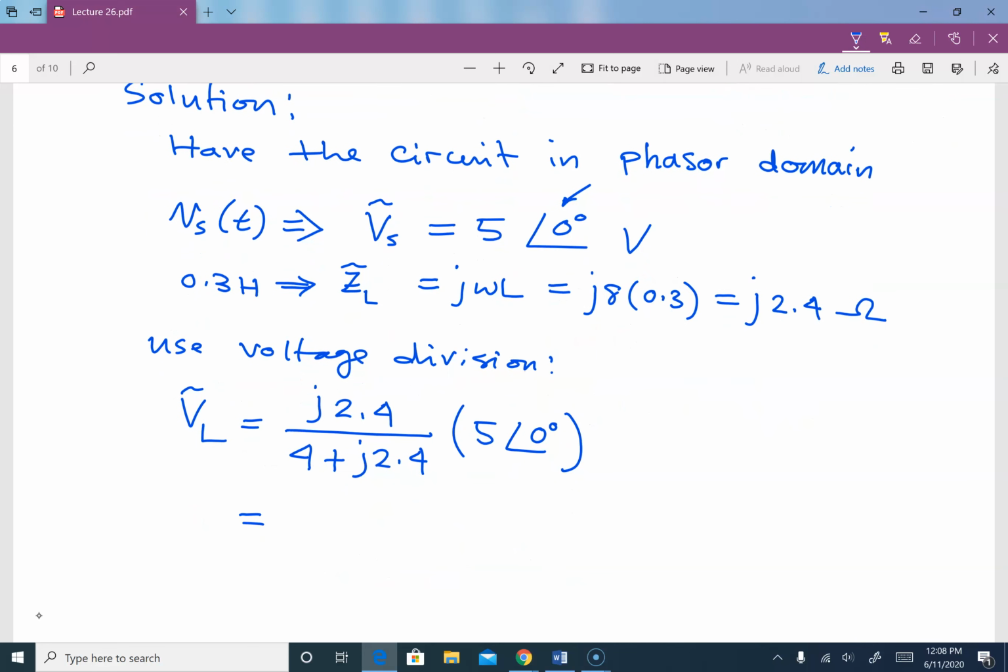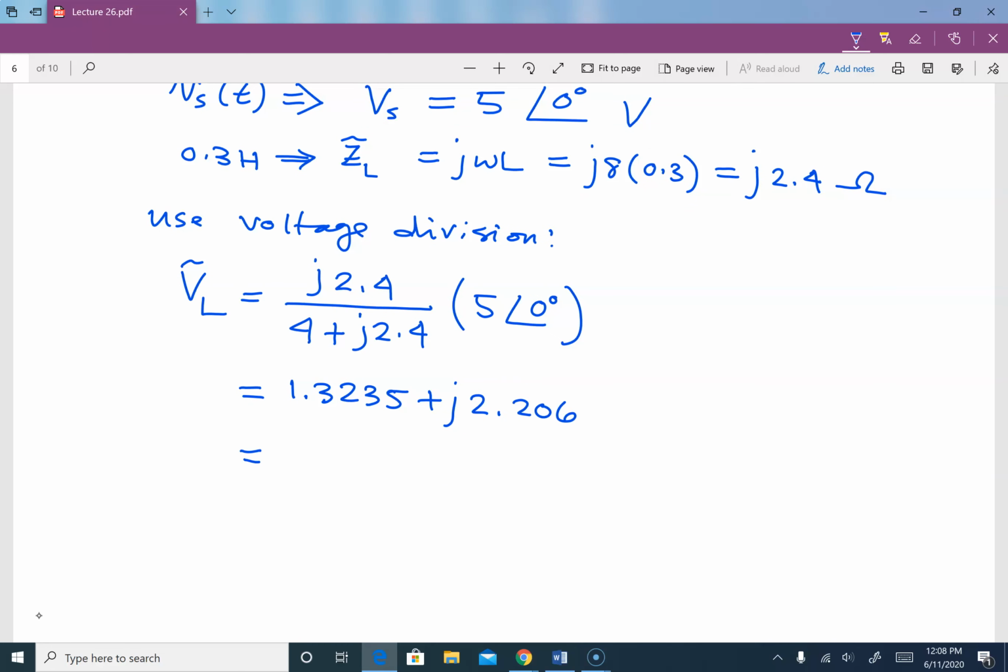When we do it, it will be 1.3235 plus j 2.206, in rectangular form. To get that in polar form, we convert, and that is 2.573 with angle 59.04 degrees, in volts.